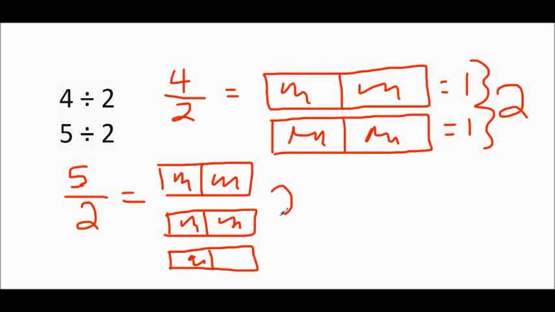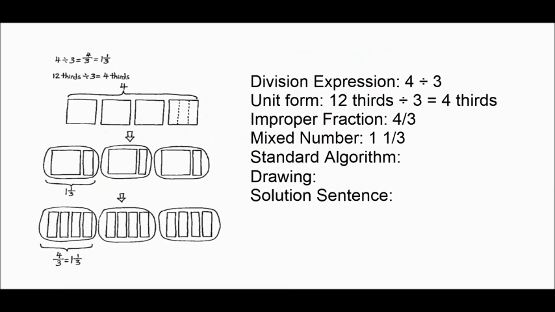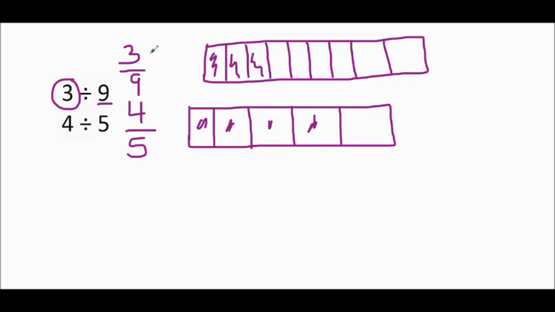I have 2 wholes, and I have 1/2, which gives me the answer of 2 and 1/2. That's how we're really looking at it. This is how we look at the simple fact that fractions, which can be very confusing, can be understood through visual representations using tape diagrams. Fractions really are division of a numerator by a denominator.